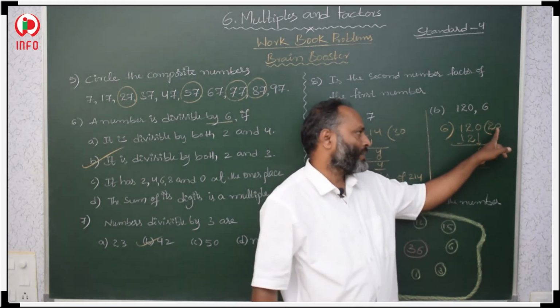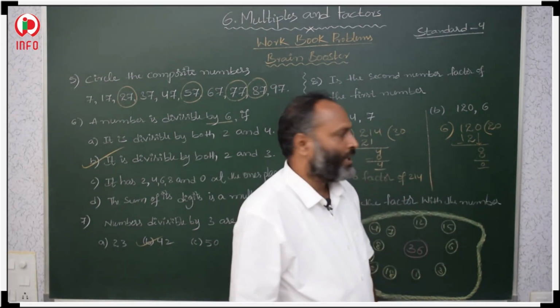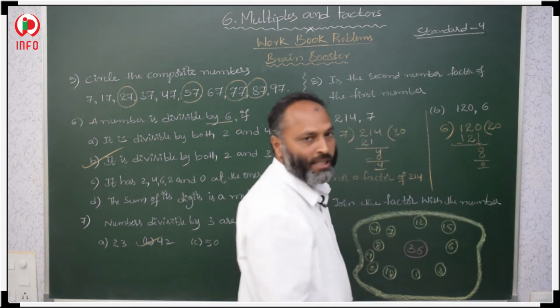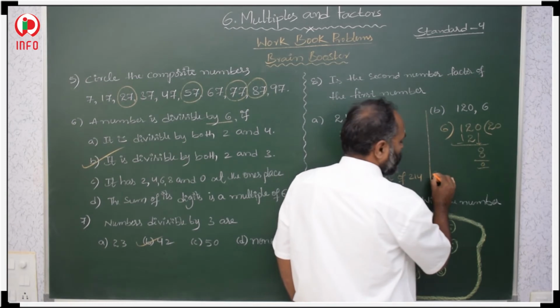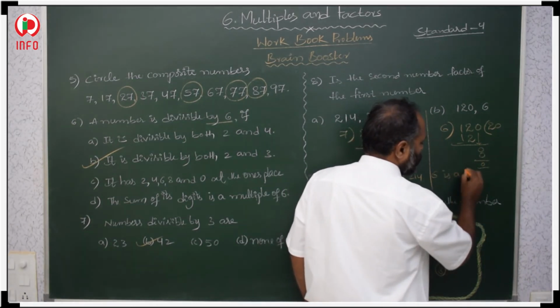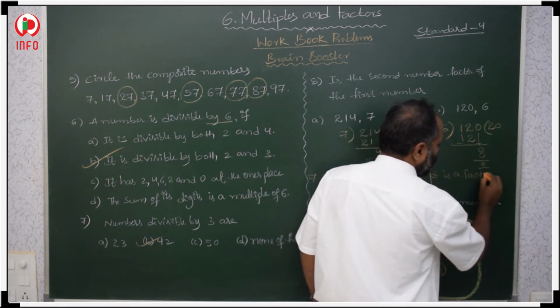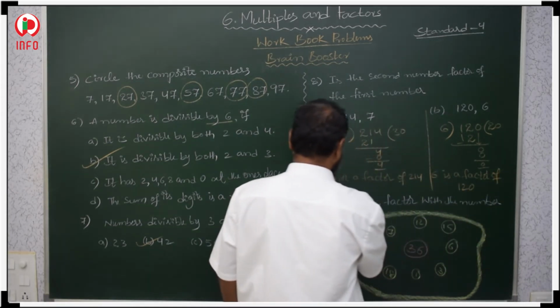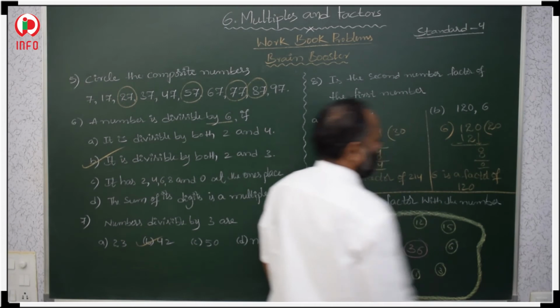No, here we should keep 0 first. Then 6 twenties are 120. So it completely divides, which means 6 is a factor of 120.